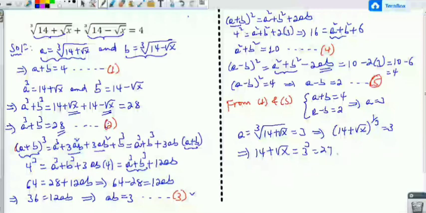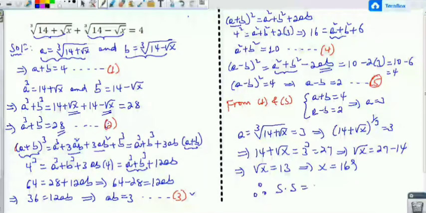So root x becomes 27 minus 14, so root x is 13. Squaring both sides, radical x squared is x, and 13 squared is 169. Therefore, the solution set for this equation is 169. You can verify, or check, that x should be 169.